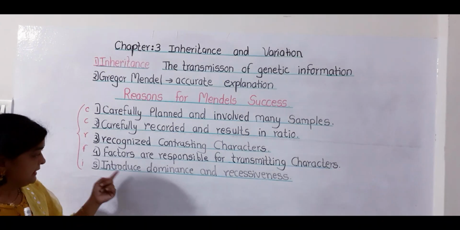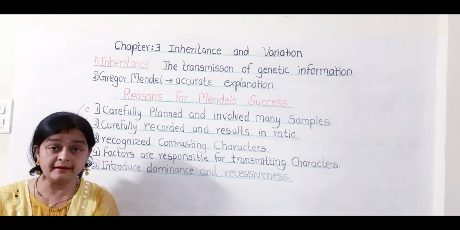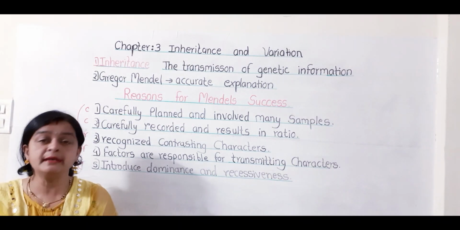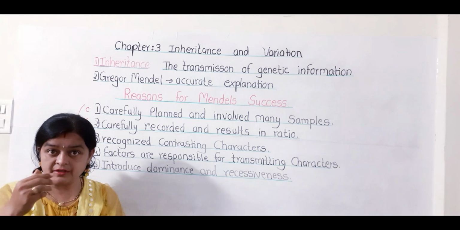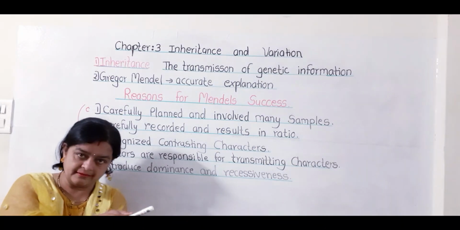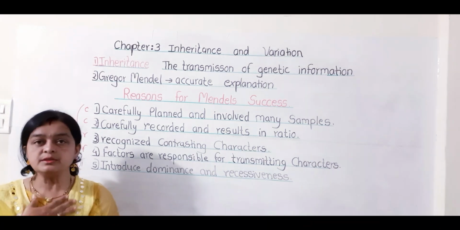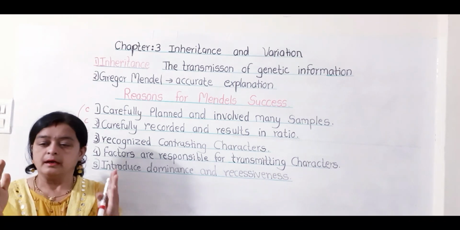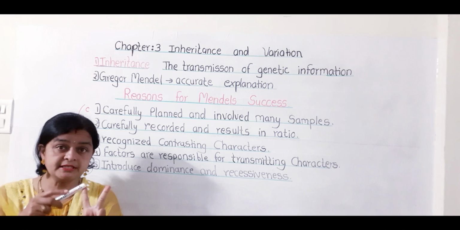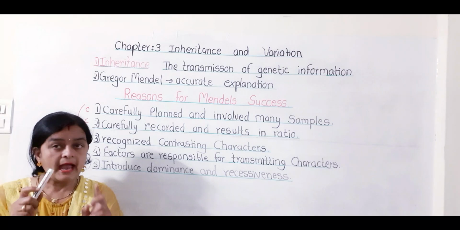Last point, he introduced dominance and recessiveness. He was the first to explain that dominant and recessive characters exist. Dominant means the character which is expressed, and recessive means the character which is suppressed or masked. For example, suppose my eyes are black. In my body I have two types of genes for eye color: one gene for brown eyes and another for black eyes.